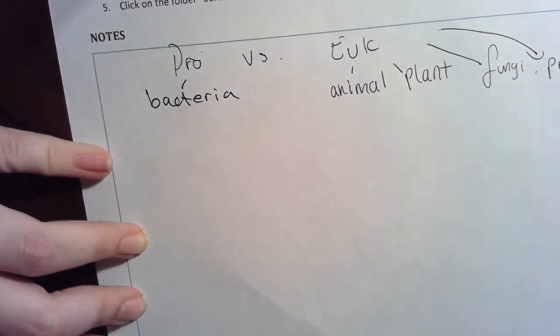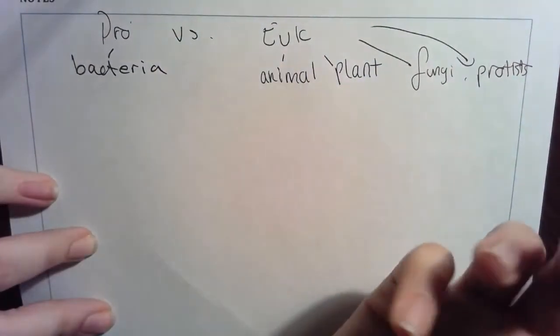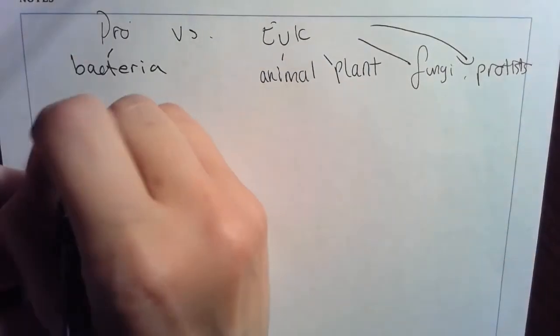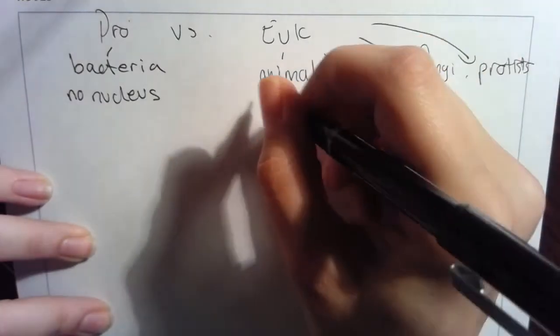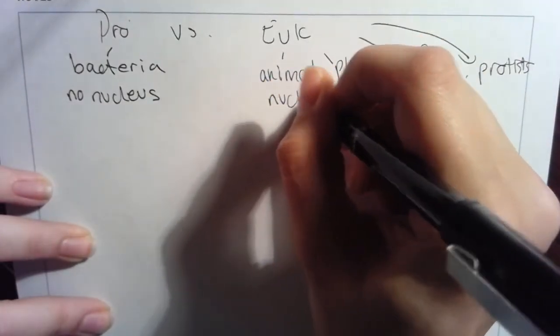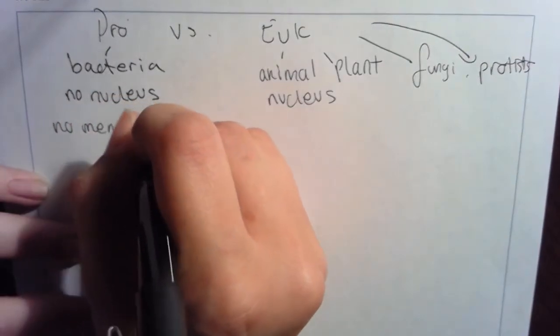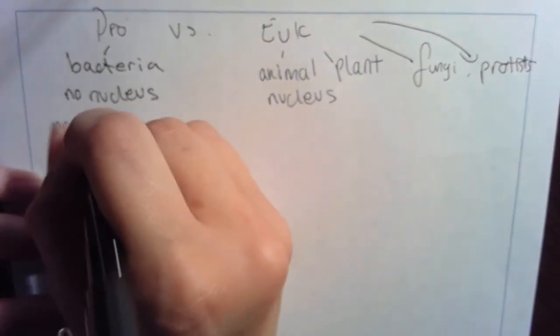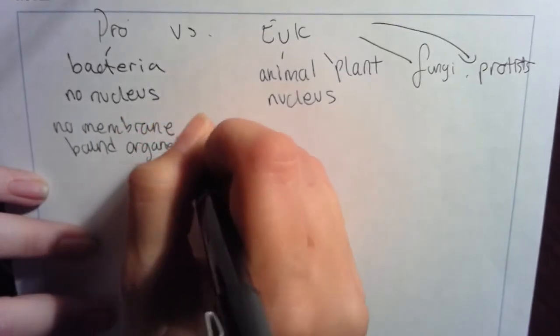Some big distinguishing factors: prokaryotes have no nucleus, whereas eukaryotes do. Prokaryotes have no membrane-bound organelles, whereas eukaryotes do.